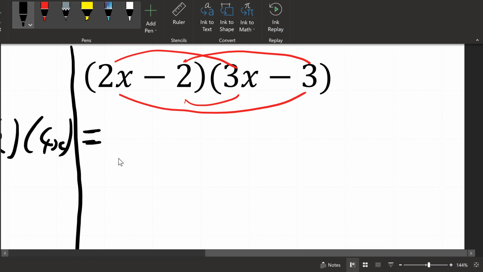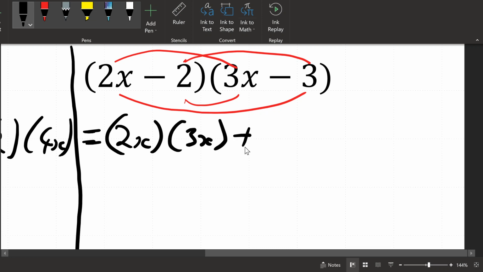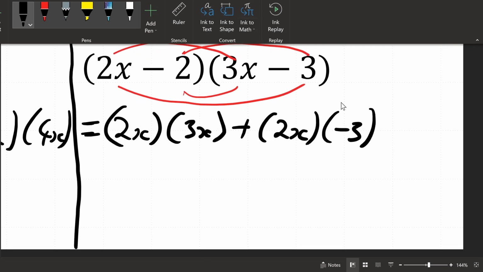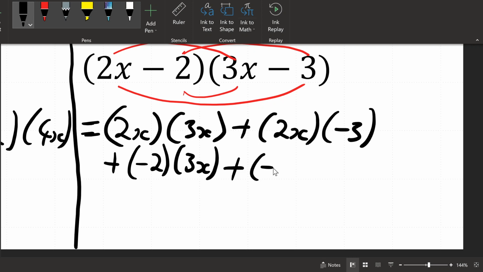So 2x by 3x, 2x multiplied by 3x, 2x by minus 3, so plus 2x by minus 3. You'll see in a few seconds why I'm so adamant about keeping those minuses in there. Minus 2 by 3x, so plus minus 2 by 3x, and then minus 2 by minus 3, so plus minus 2 by minus 3.